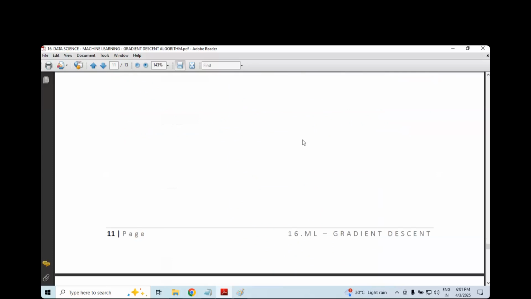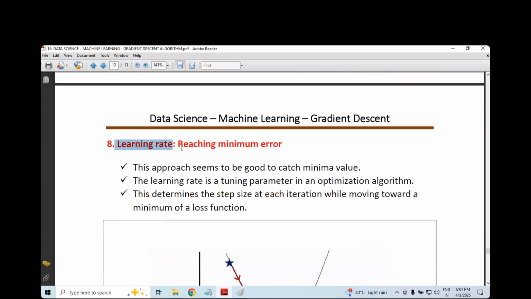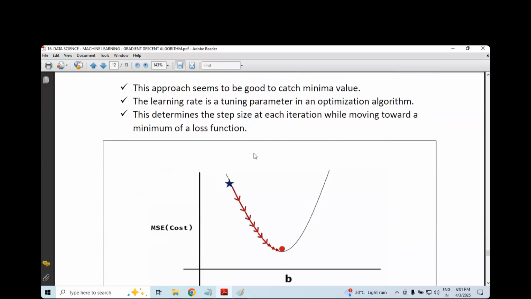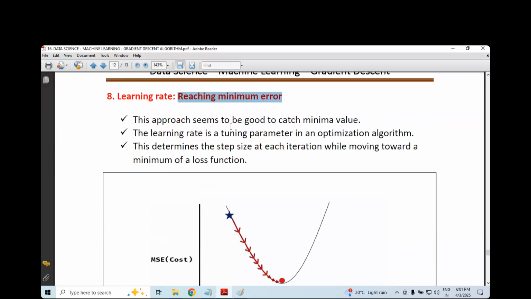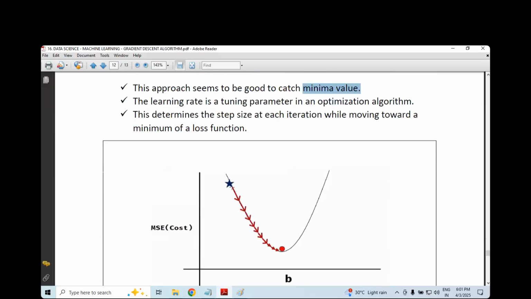One more point: learning rate and reaching minimum error. Please make a note on this one. This approach seems to be good to catch the minimum error. Initially from here to here that is okay. Big difference, then small differences.